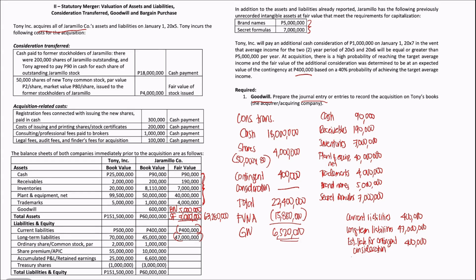We credit also the consideration transferred consisting of cash, 18 million, credit also common stock for the par value of the shares, 50,000 times 2 pesos par value, that's 100,000.